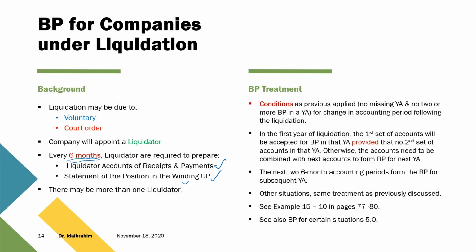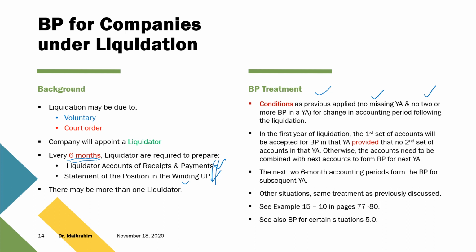In that case, when the new liquidator comes in, probably the new liquidator will change the date of preparing the statements. So it is similar to the change of accounting date. The treatment is similar. Therefore, for the treatment of BP, you need to remember the conditions that I told you just now: no missing YA and no two or more basis periods in a YA. Okay, that is the important thing.